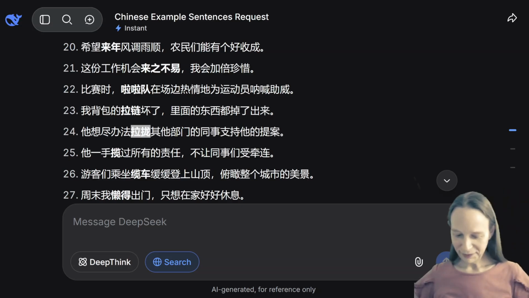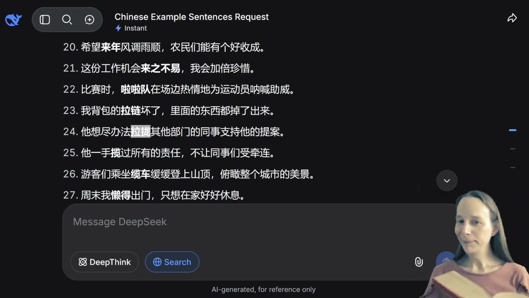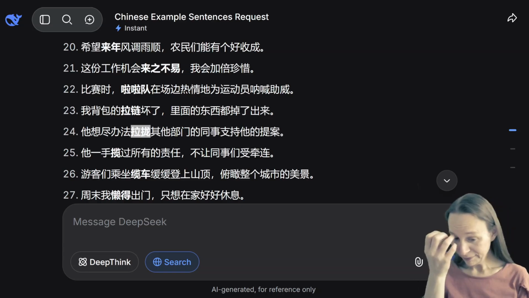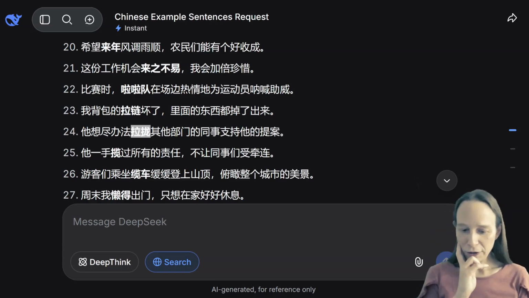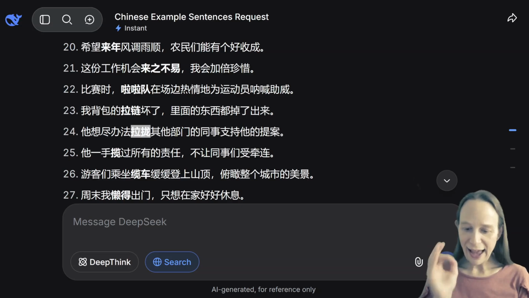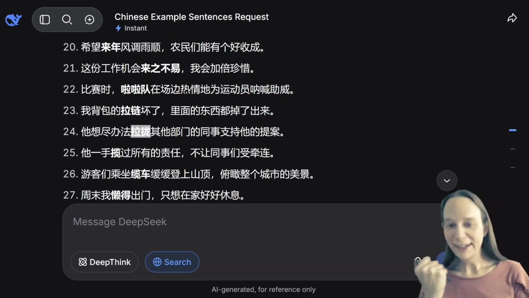It is a verb. 用不正当的手段使别人靠拢到自己方面来而使自己得到好处. So this is a negative word.